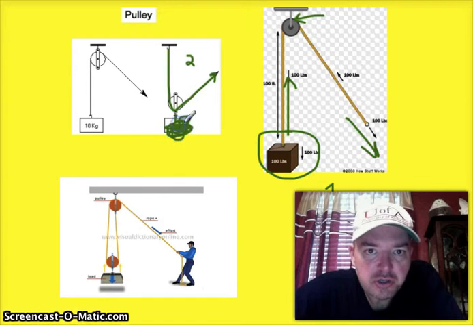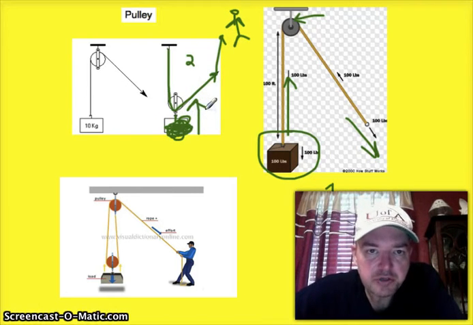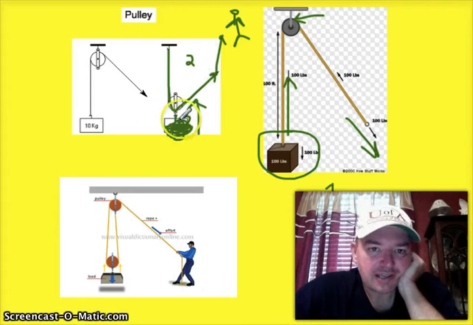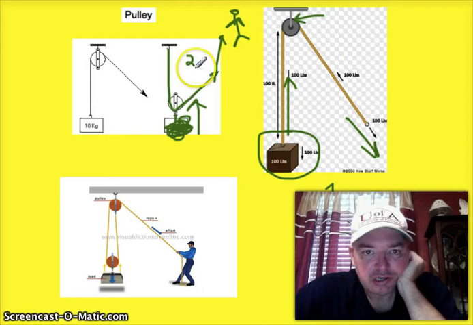So you're standing up here, pulling on the rope, and you're actually doing the lifting. It actually has a pretty good mechanical advantage. It's easier than just lifting the thing itself, and you have a little bit more advantage than you do in this one.